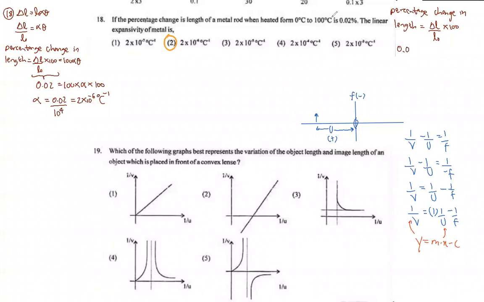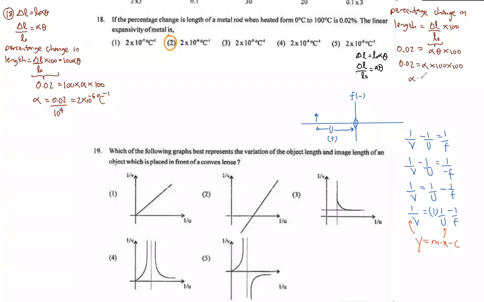So 0.02 equals, instead of delta L over L naught, I'm going to use an equation like this. Delta L is equal to L naught alpha theta, so delta L over L naught is equal to alpha theta. Then instead of delta L over L naught, I'm going to bring alpha theta into 100. So 0.02 equals alpha, and theta is 100, into 100.